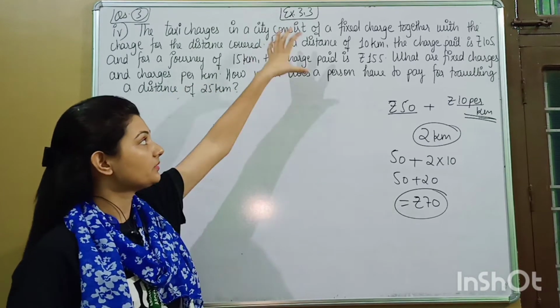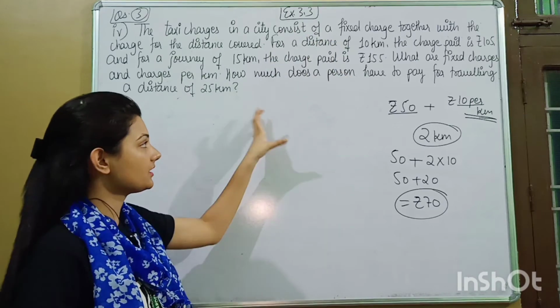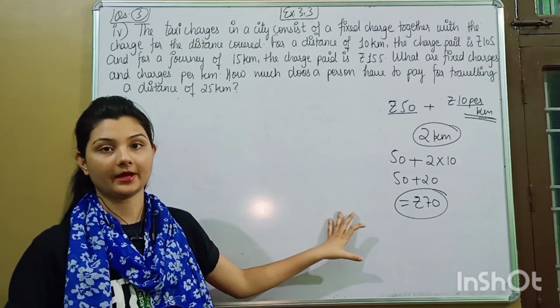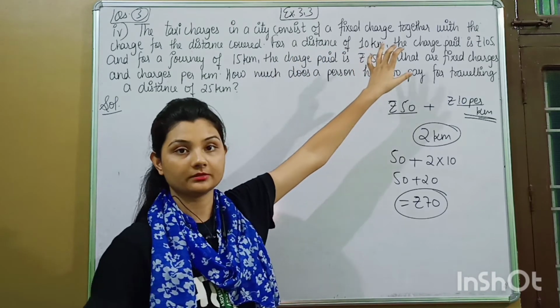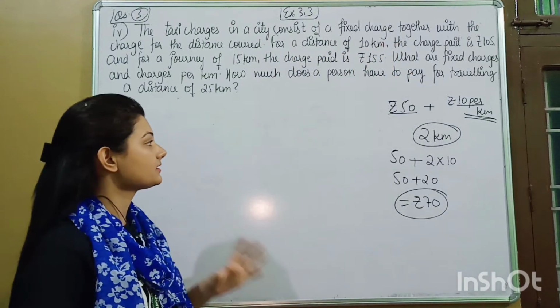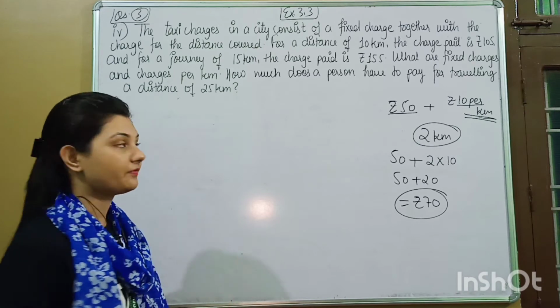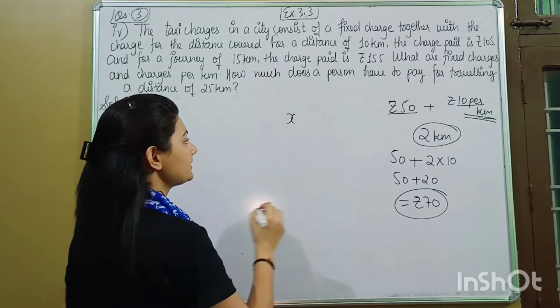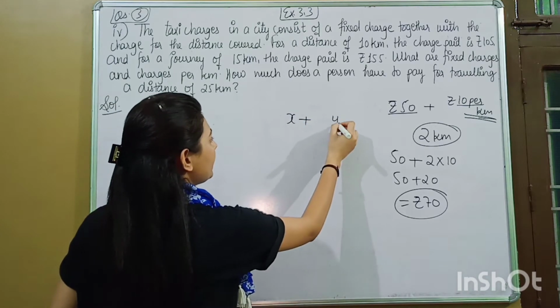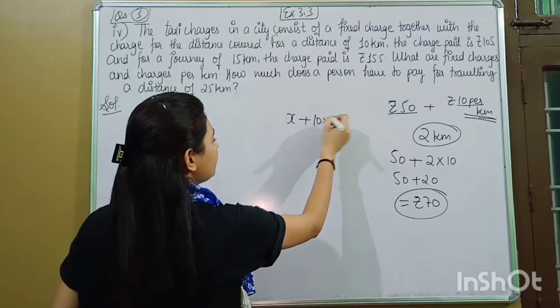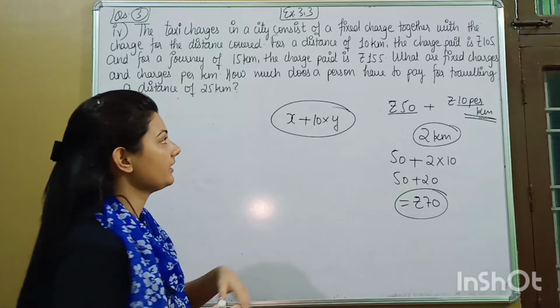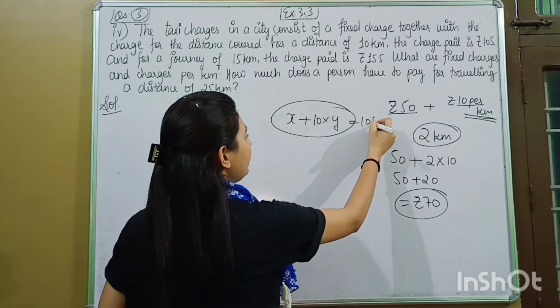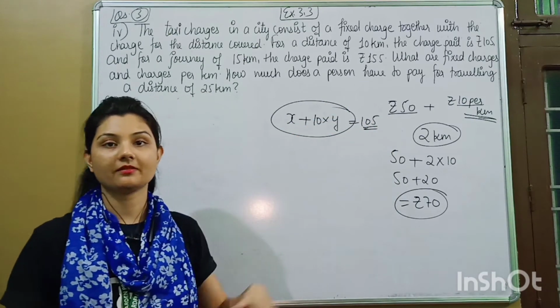So we will assume the fixed charge as x and the charge per kilometer as y. Now if someone travels a distance of 10 kilometers, the fixed charge will remain as it is, and the charge per kilometer will be multiplied by the distance, and after doing all this, someone has to pay rupees 105. Like this we will form the equations.